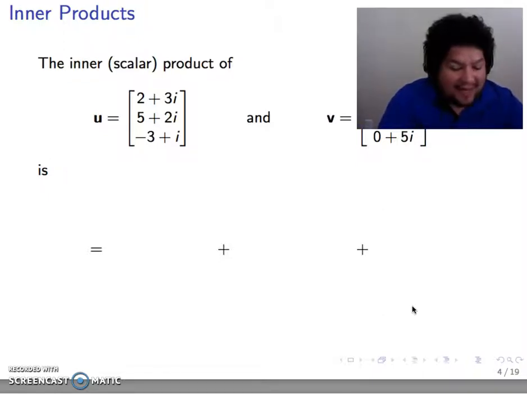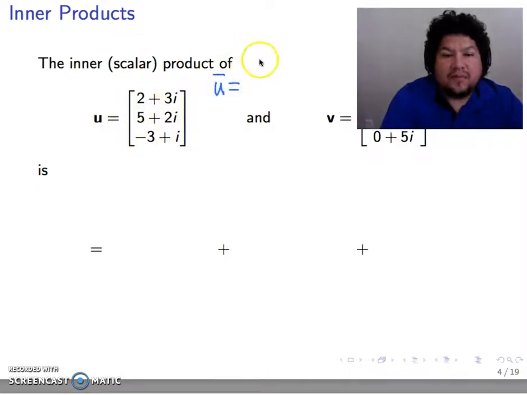Some things are best digested if we have concrete examples at hand. So here we have a given vector that we're calling u, and if we want to compute u conjugate, that means we would take the conjugate of every entry. So this would be 2 minus 3i for the first entry, 5 minus 2i for entry number 2, and then minus 3 minus i for the third entry.